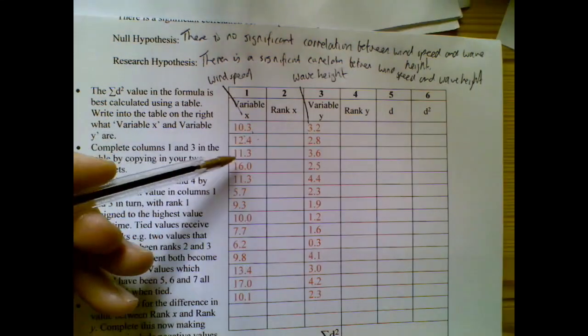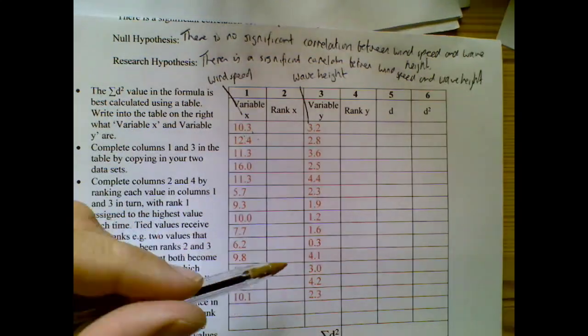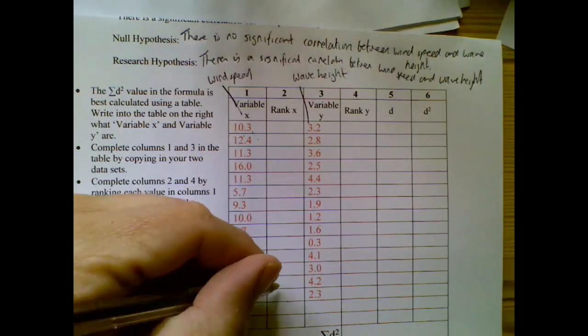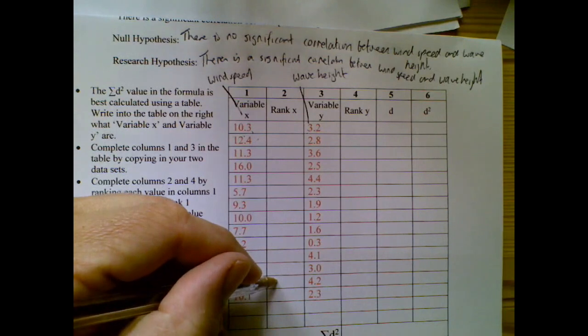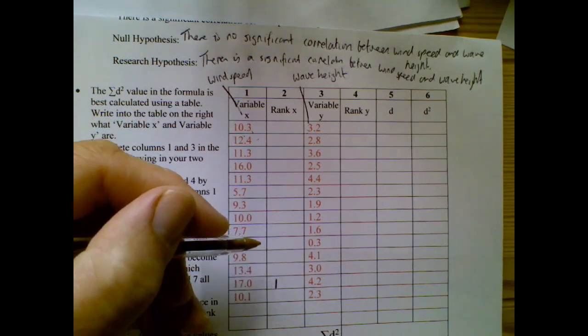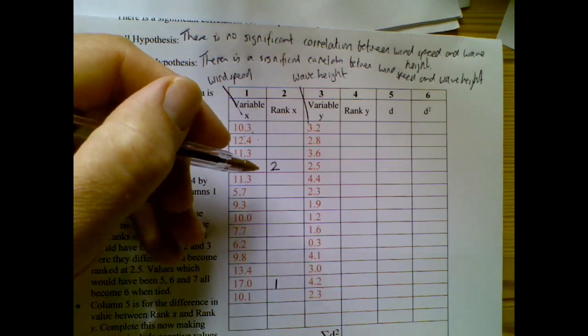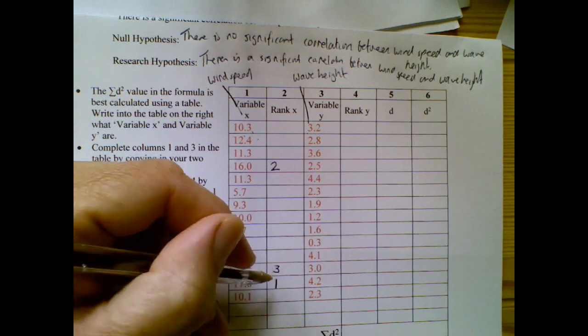If I start off with ranking variable x, I only rank variable x by itself, which is wind speed. So the highest wind speed, I'm going to give a 1 to. And I'm going to work my way round. 16 gets a 2. And then looking for the next one, 13.4 is 3.